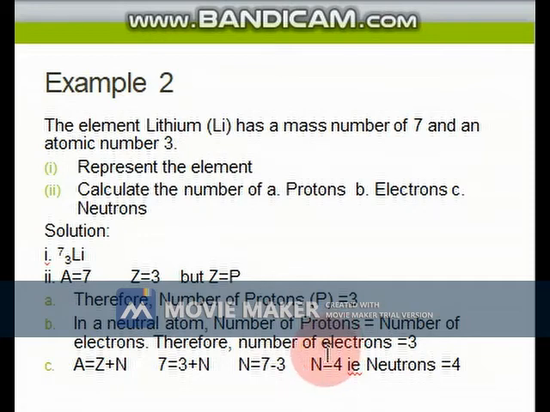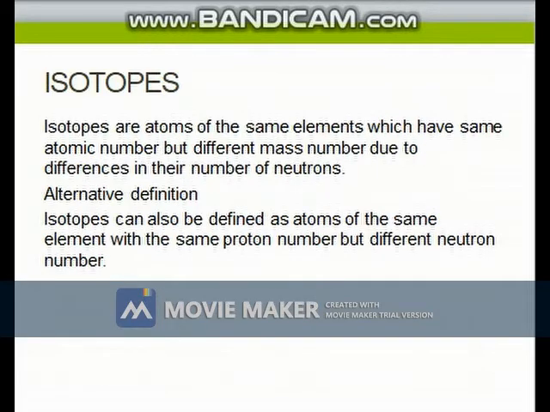Let's proceed to look at another term used when we talk about elements, and that is isotopes. What are isotopes? We talked about twins, and we can talk about identical twins and non-identical twins.